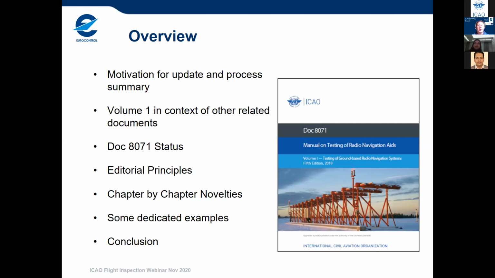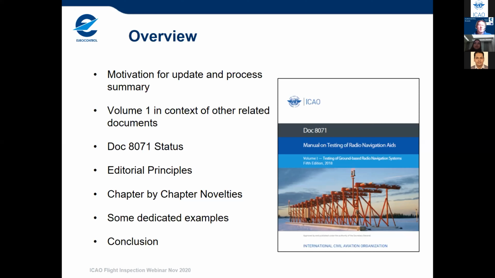I'll go over a little bit more, adding on to Muna's presentation on Volume 1 in context of other documents. What was the motivation for the update? What is its status? That too was covered already a little bit. What are some of our struggles in writing the words?